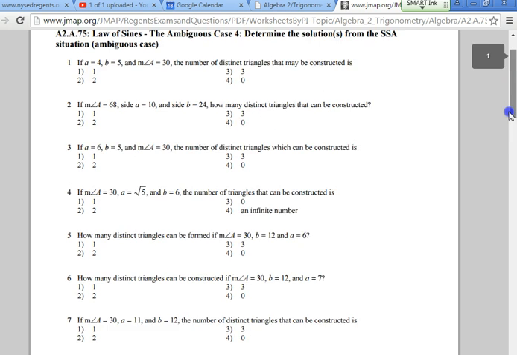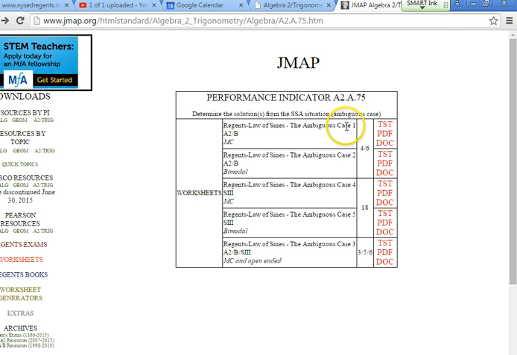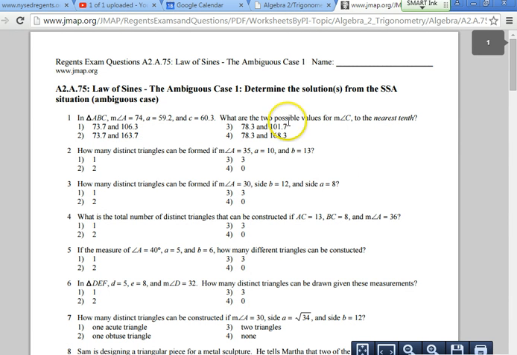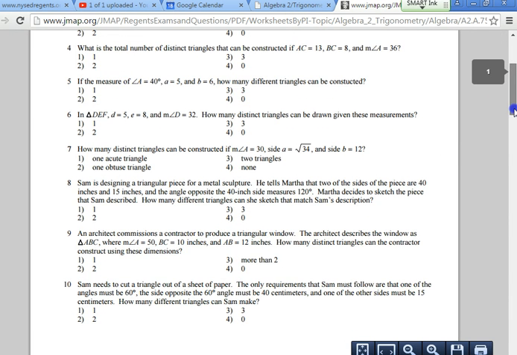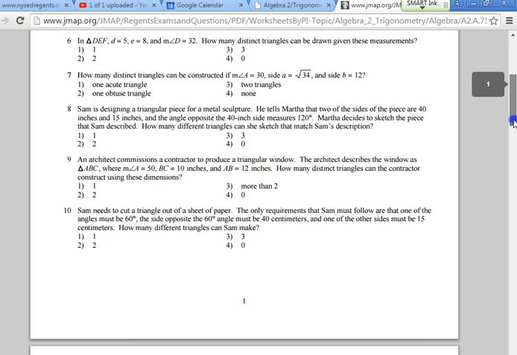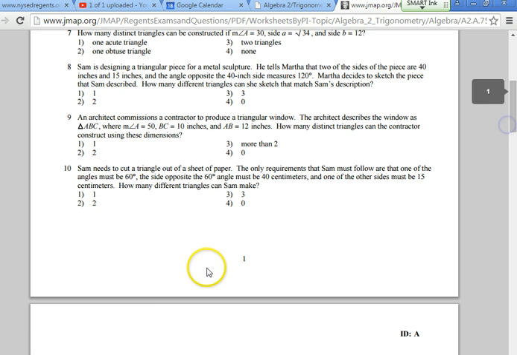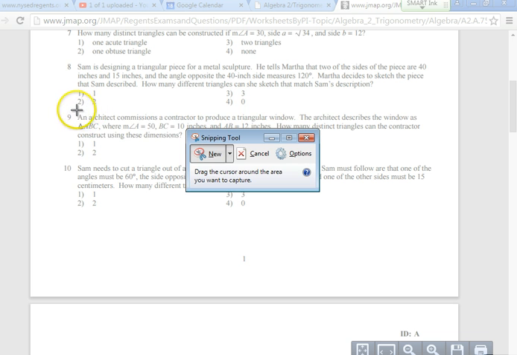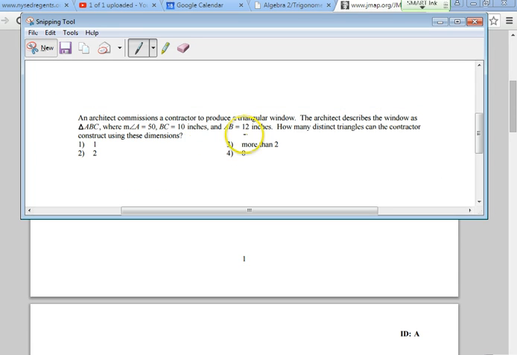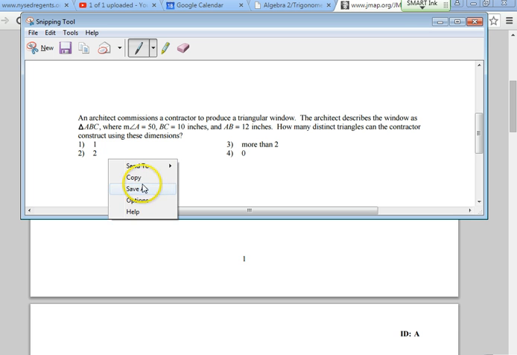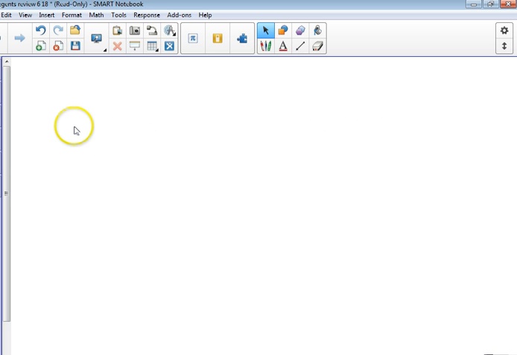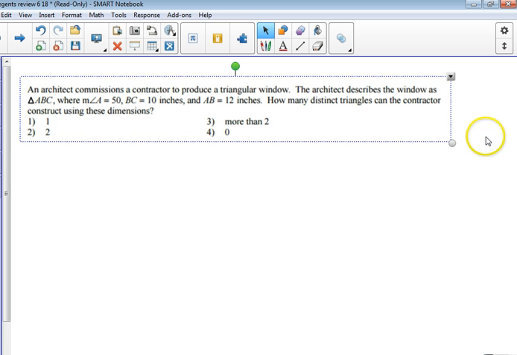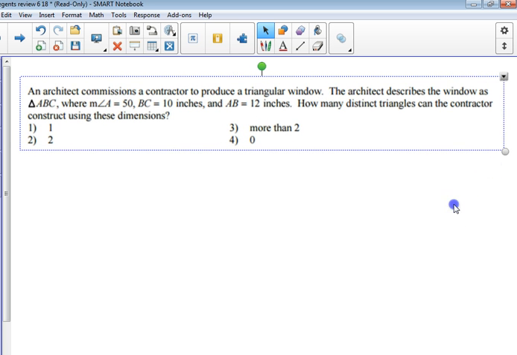I want one with different wording for you guys. Let's see. Okay, here you go.